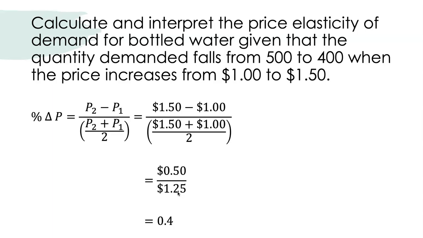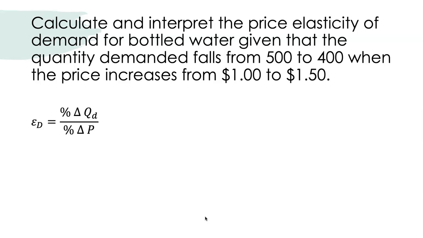And when we do this division, we get 0.4, which converted to a percentage will become 40% because we simply multiply by 100 to get the percentage. So the percentage change in price is 40%, meaning price increased by 40%. So we're back to the original formula.